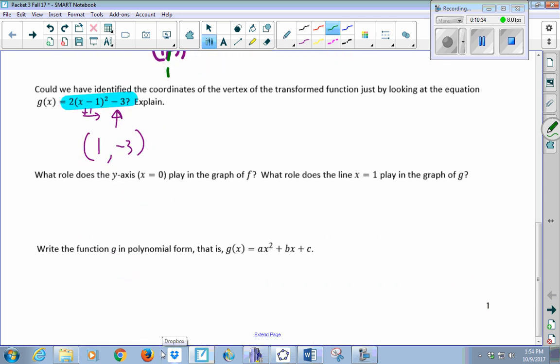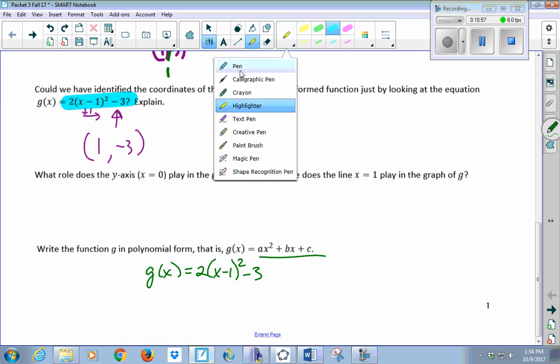So now we want to take our function from this form, where we could look at our vertex and pluck it right out very quickly, and put it into polynomial form. And it's always good to review squaring binomials, because sometimes we can get into trouble when we square binomials.